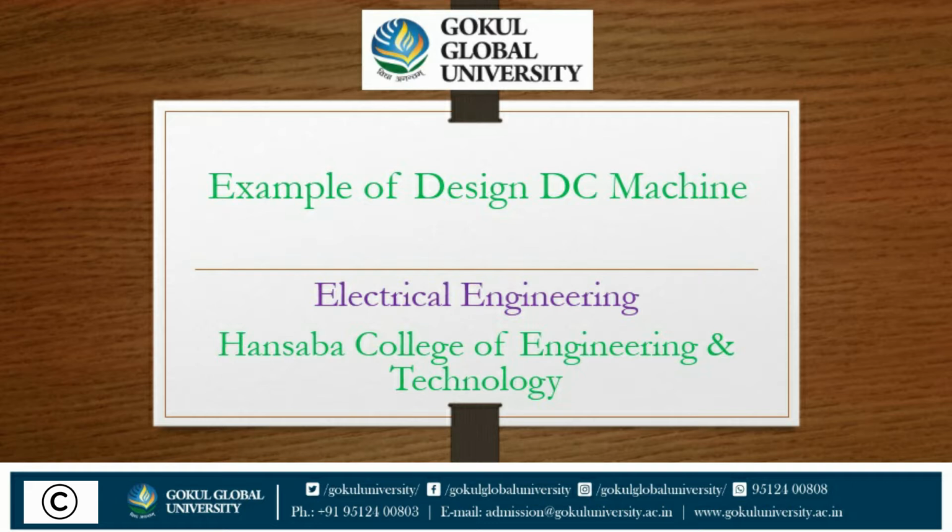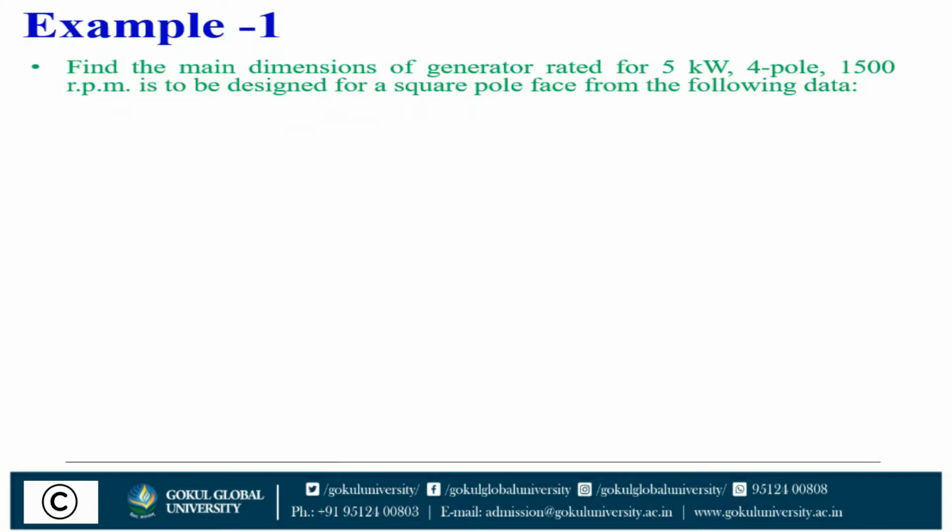Example number 1. Find the main dimensions of a generator rated for 5 kilowatt. It is a 5 kilowatt DC generator, 4 pole, 1500 RPM, designed for a square pole face with the following data.